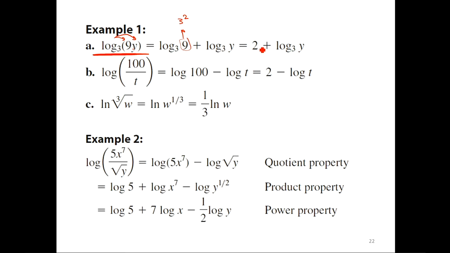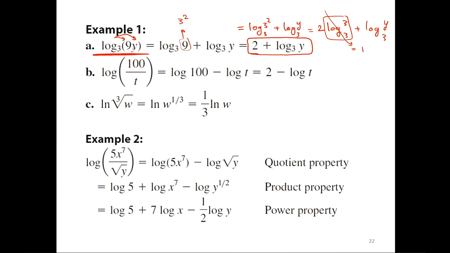So we have logarithm of 3 squared to base 3 plus logarithm of y to base 3. We can put the 2 outside the logarithm. So we have 2 log of 3 to base 3 plus log y to base 3. Log of 3 to base 3 equals 1. So we have 2 multiplied by 1, and log y to base 3.